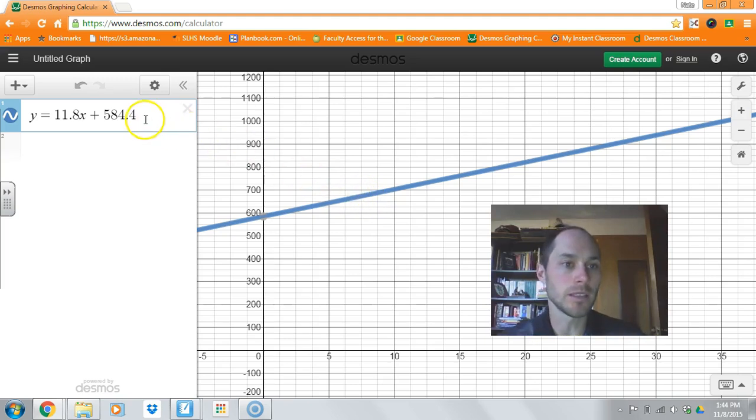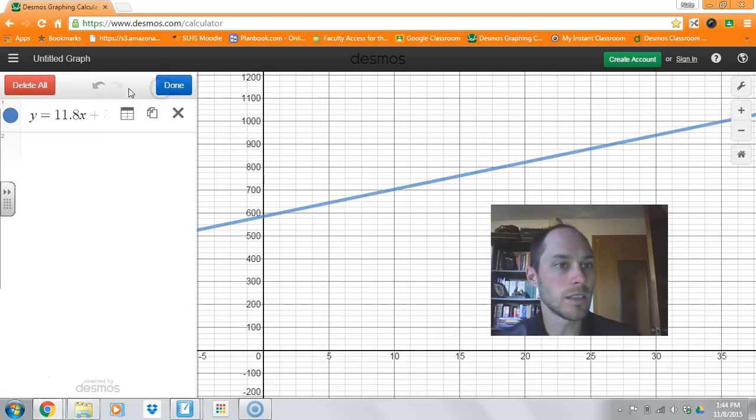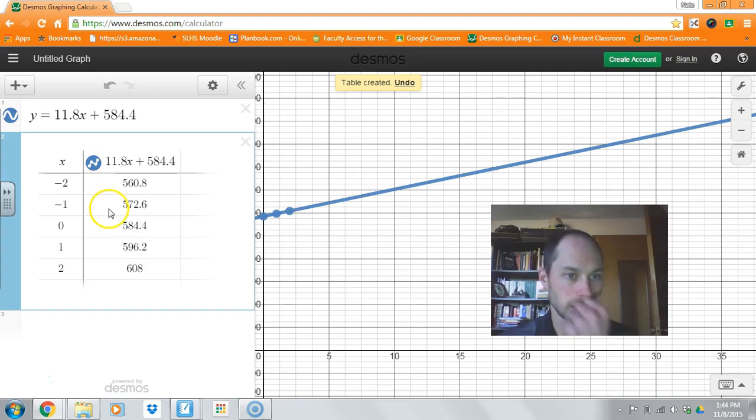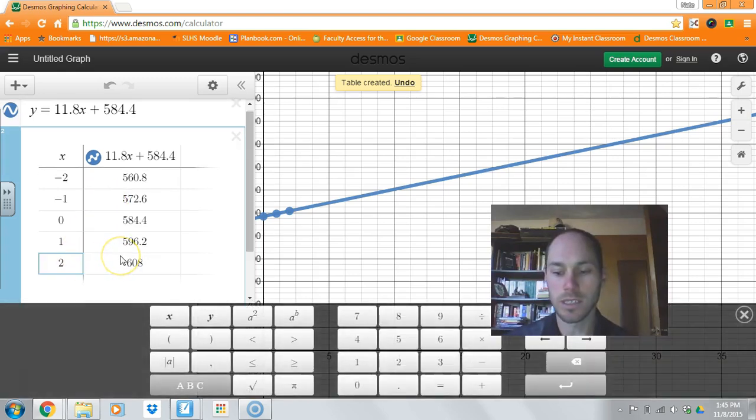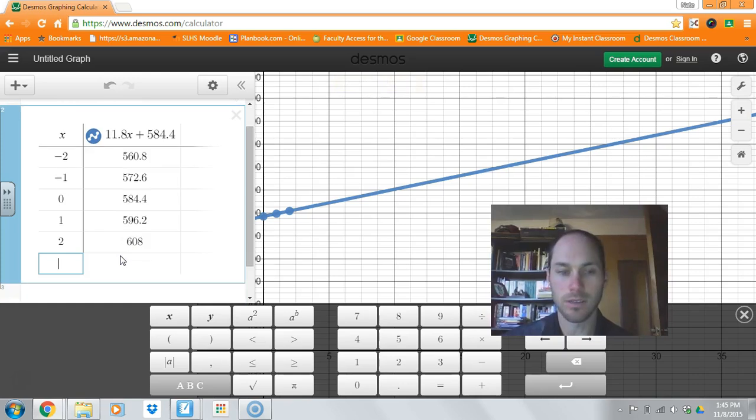Okay, the other way I can do that is make a table. So I could convert my equation to a table and take a look on my table. Now if I wanted to find out the number of years, that's my x. Well, if I wanted to find 2000, that's year 30. And enter on my table, it'll give me my y value.